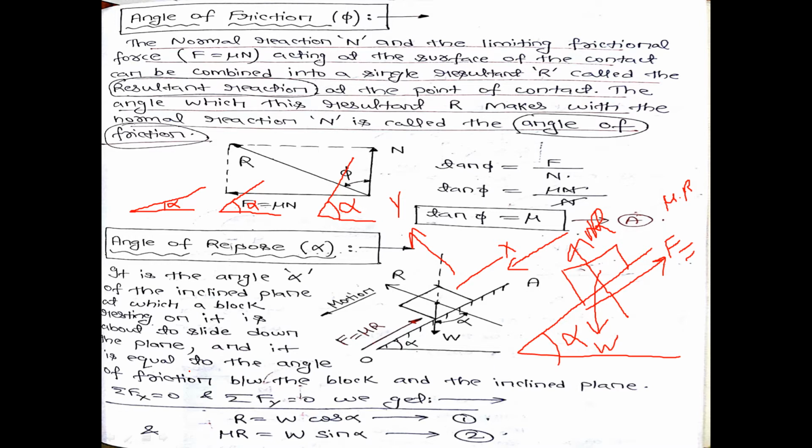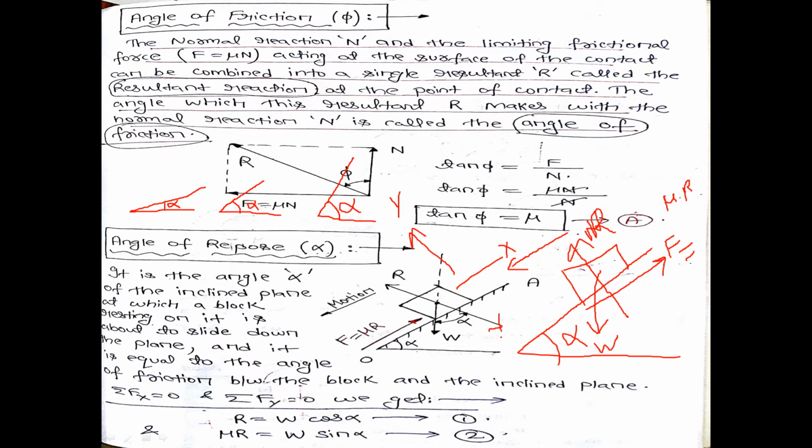So if I write the equations of equilibrium for this body, that is summation Fx equal to 0, summation Fy equal to 0, what can I get? If I write summation Fy equal to 0, then this W will have two components.